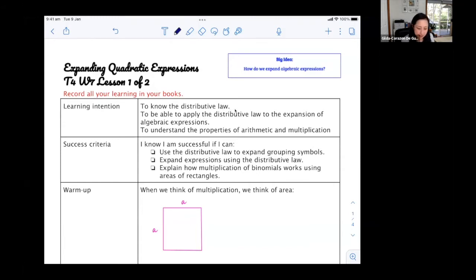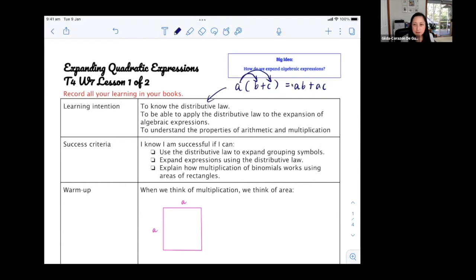What does that tell us? The distributive law tells us that if we have a multiplied to b plus c, then we distribute the a to each of the terms, and the operation is multiplication. We say that's ab plus ac, right?